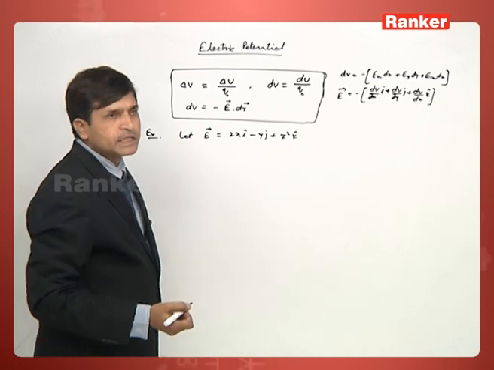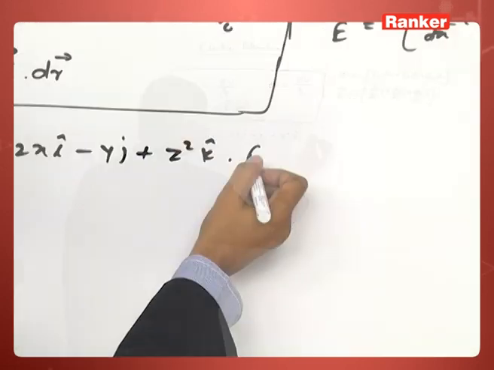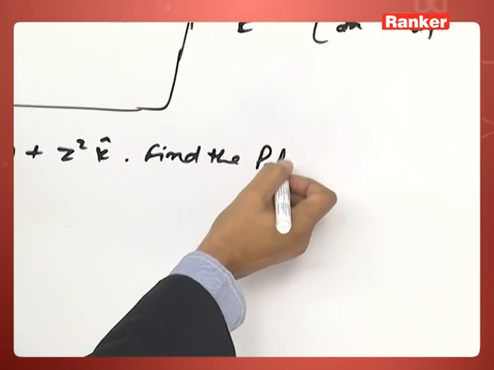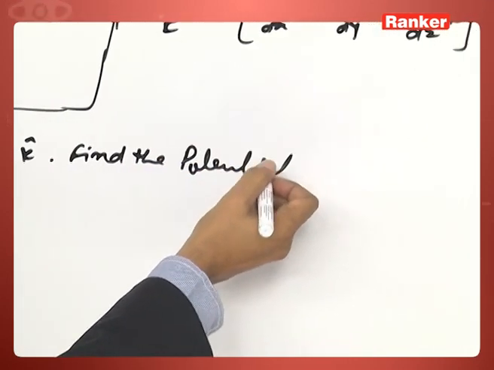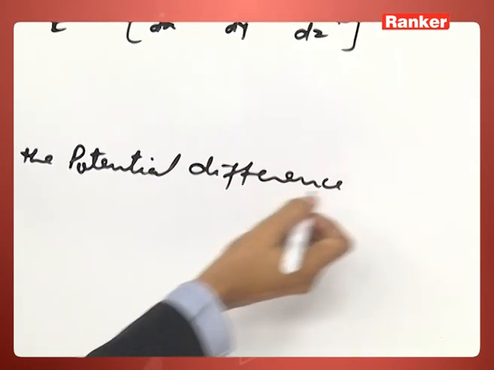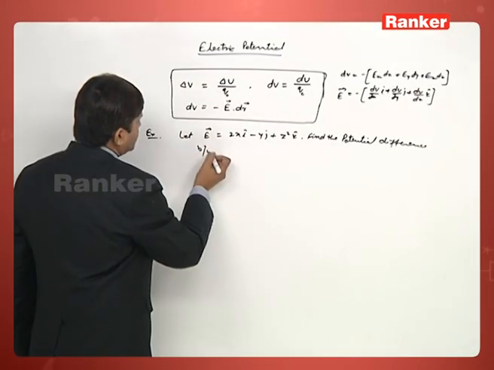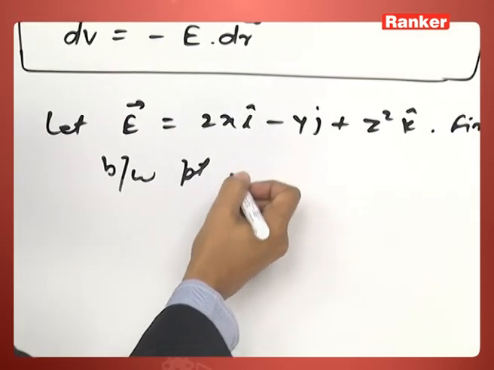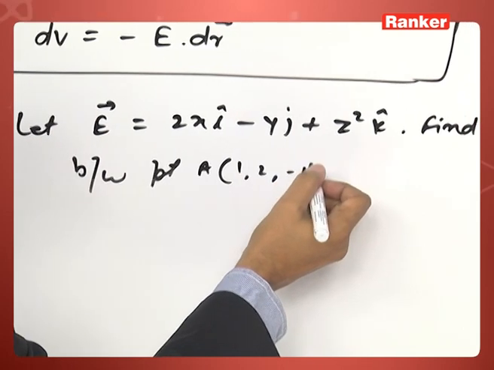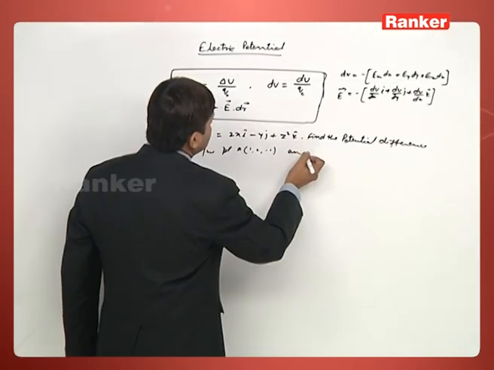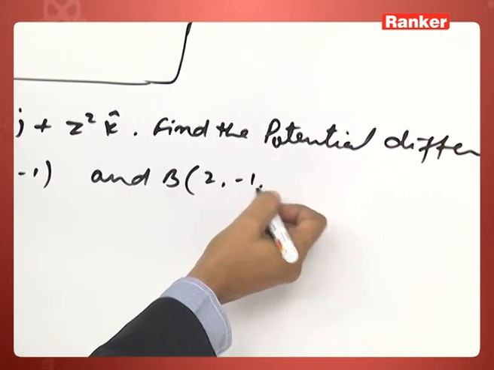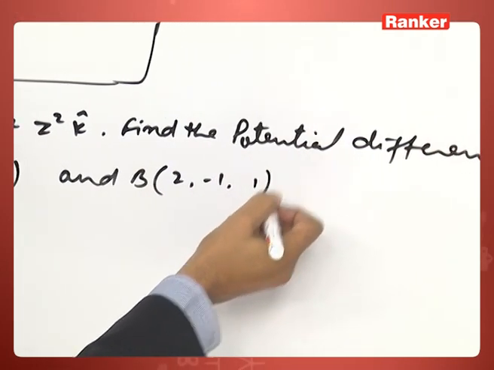And now the question is this: to find the potential difference between point A having coordinates 1, 2, minus 1 and B having coordinates let 2, minus 1 and 1.